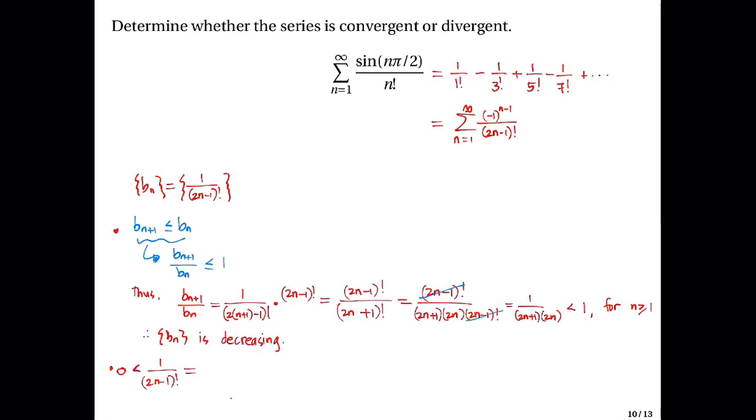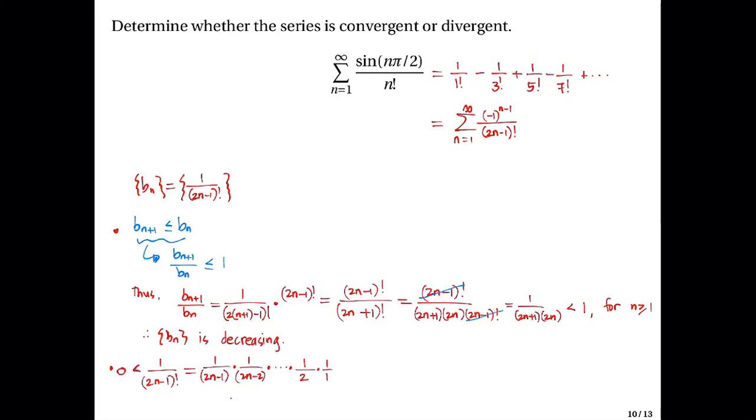So, isulat mo yung 2n plus 1 factorial. 1 over 2n, 2n minus 1 factorial. So, 1 over 2n minus 1 times 1 over 2n minus 2 times, and so on, times 1 over 2 times 1 over 1.